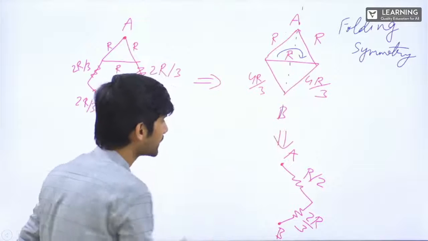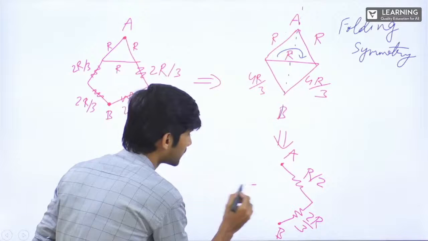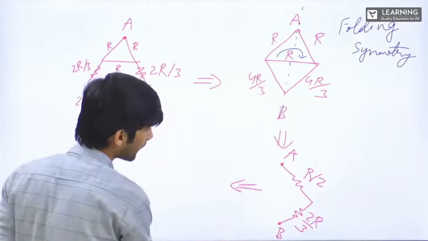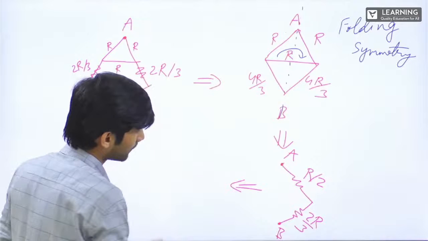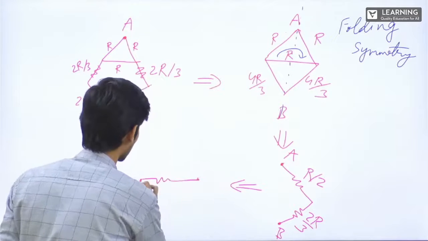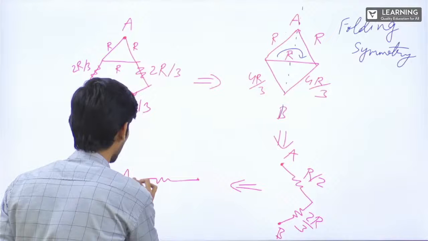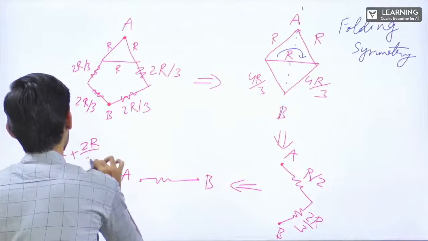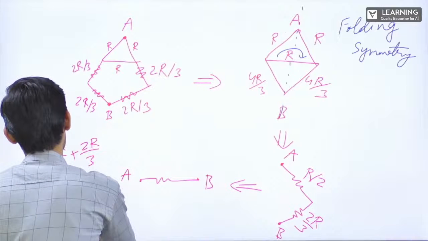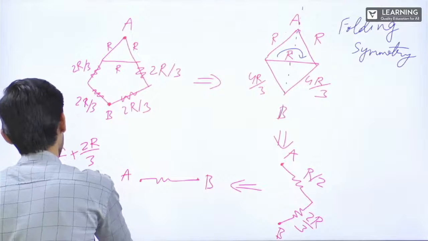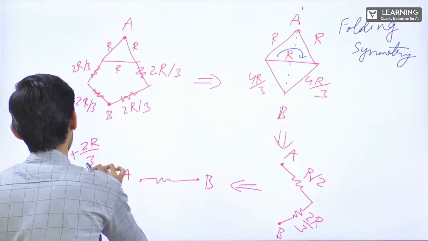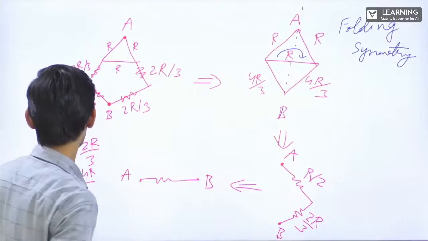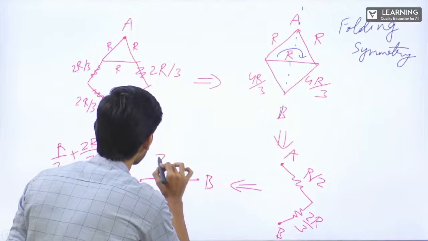Now these two are in series. Since these two are in series, this will be R by 2 plus 2R by 3, between A and B. R by 2 plus 2R by 3, that is 6. 2 3s are 3R plus 3 2s are 4R. 4 plus 3, 7. 7 by 6R.